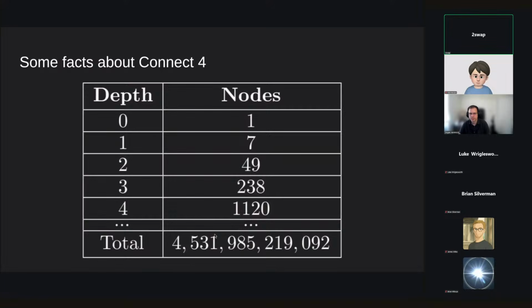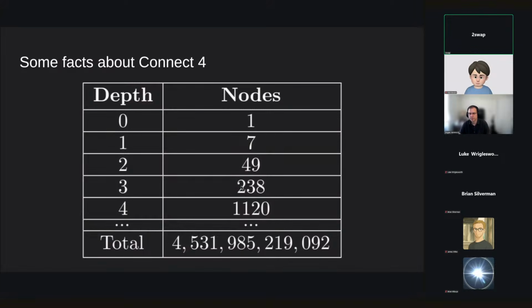So this is a pretty big object, right? There's a lot of positions that you can get to. In terms of the number of different nodes at n plies from the starting position, there's one empty board. There's 7 places that you can place the first piece, 49 after that, and it just grows exponentially thereon. You'll notice it's not perfectly 7 to the n because of what's called transpositions.